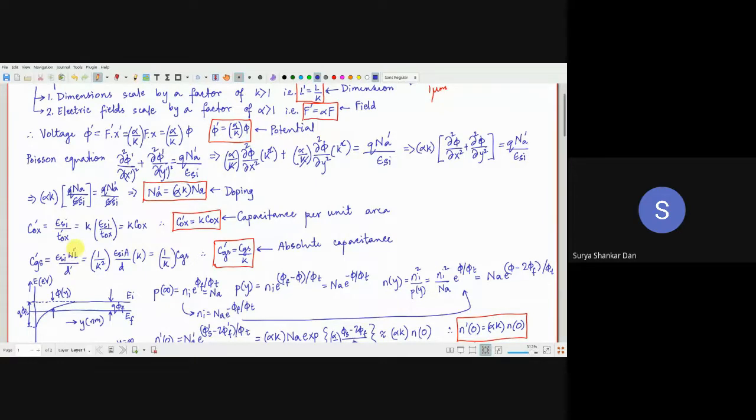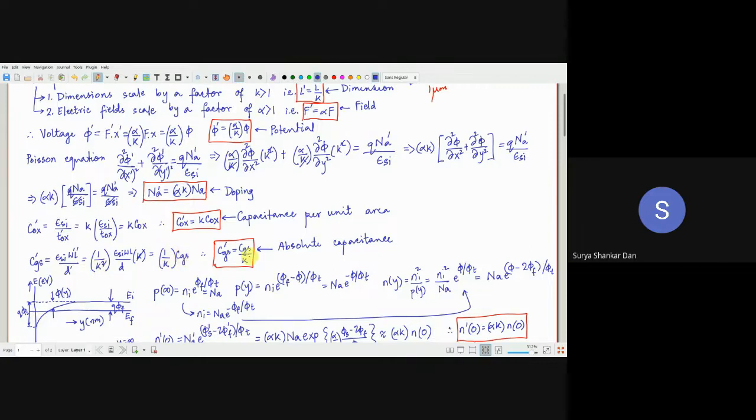So I'll put prime prime. Okay. So this square and this k will cancel because there is a d dash. This d dash or d can essentially be, let us say, the oxide thickness or something like that. Okay. So you are left with 1 upon k into CGS.